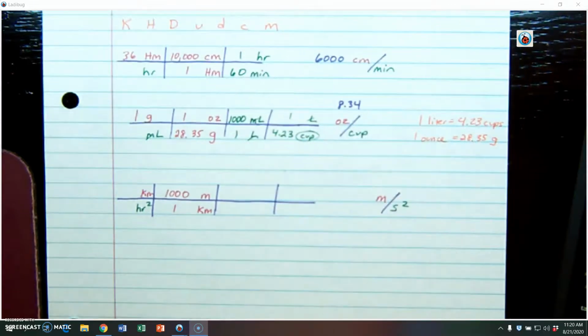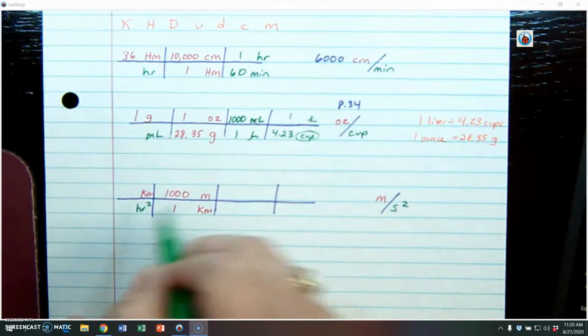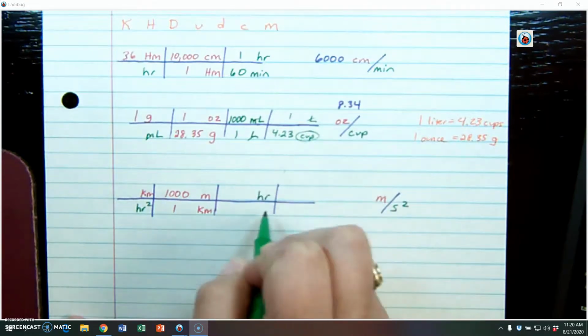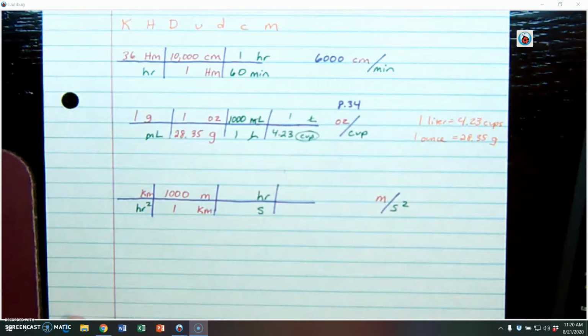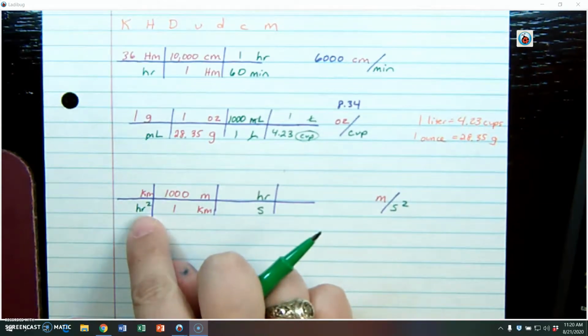Okay. Now the question is, what do we do with these hours and seconds? They're squared. How do we handle that? Turns out the best way is to just take it one step at a time. So I'm going to put hours over seconds, just like I normally do. But when you say something is squared, what it means is hours times hours. Hours times hours is hours squared.